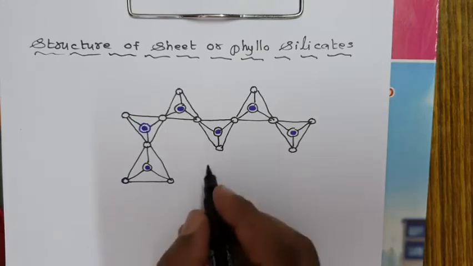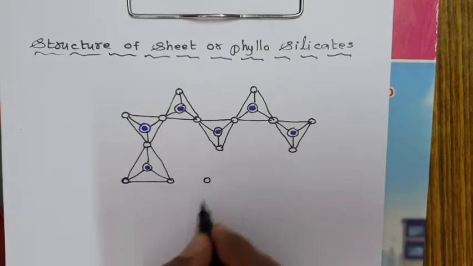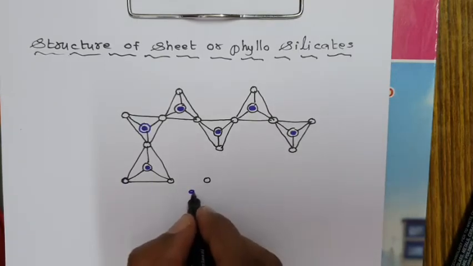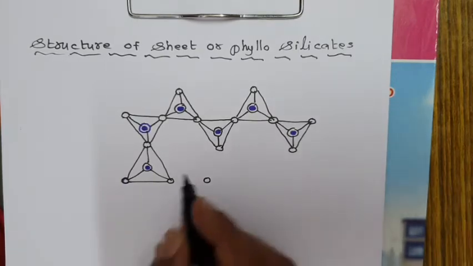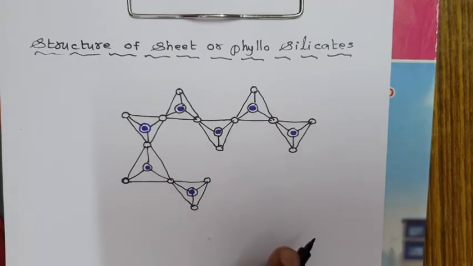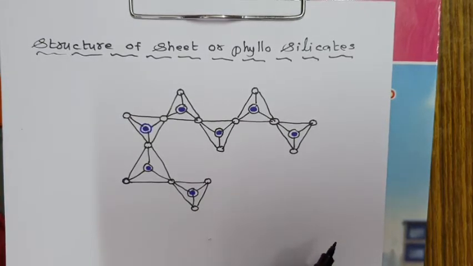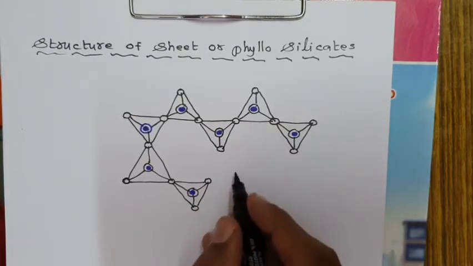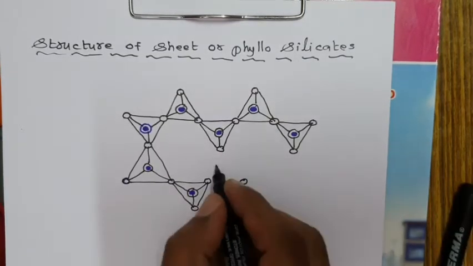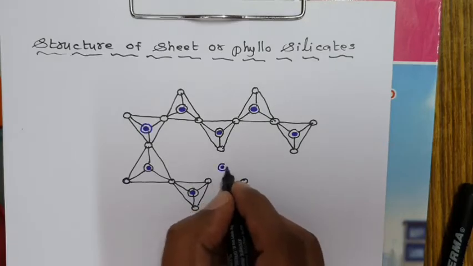Then reverse of this, one oxygen, center one silicon surrounded by oxygen, corner oxygen and the above oxygen are linked. Then another oxygen atom, at the center one silicon.